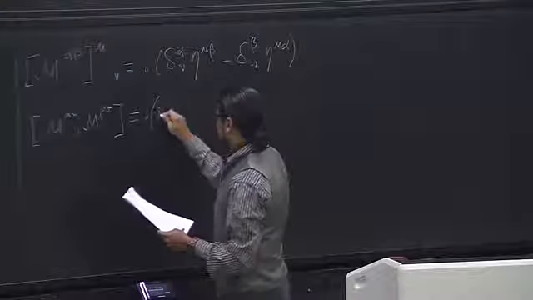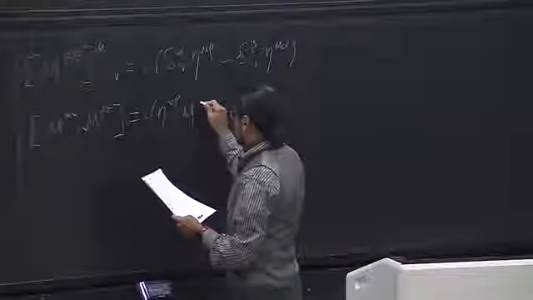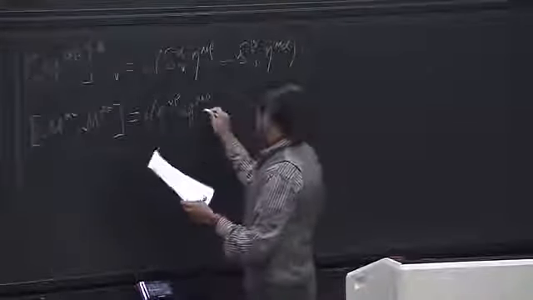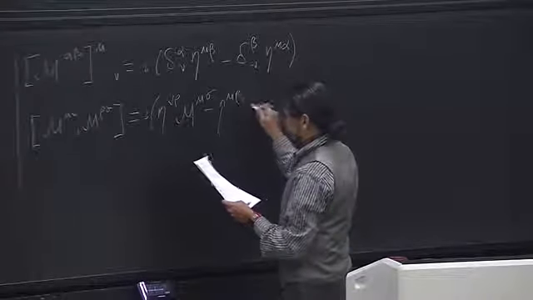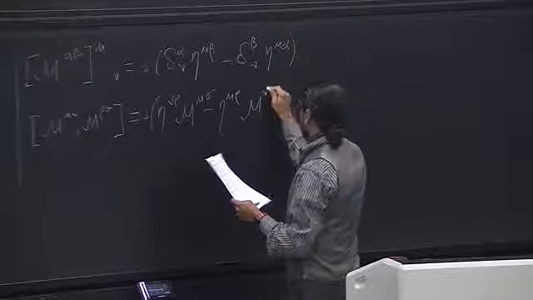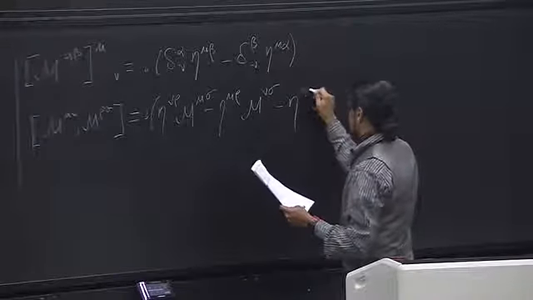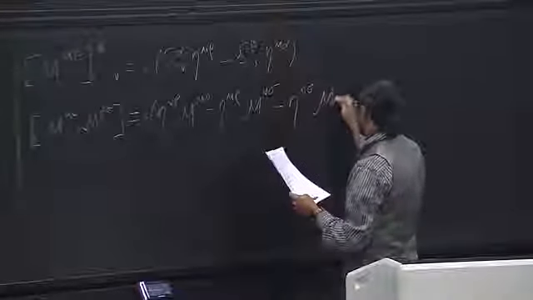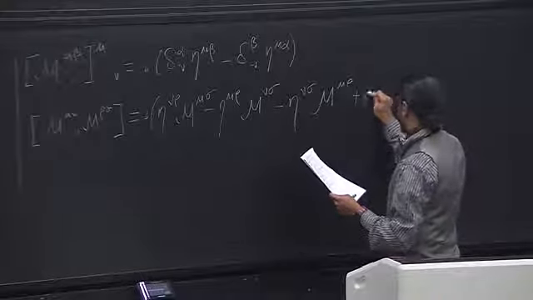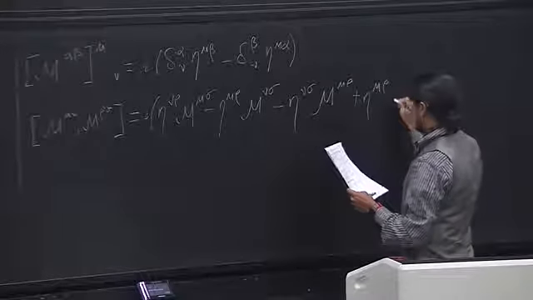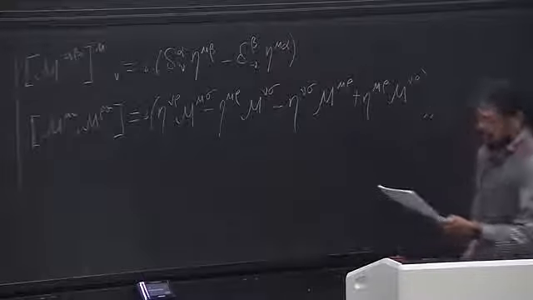Bear with me, this is one of those things that I don't enjoy writing out, but it needs to be written out for the sake of completeness, not only once, but twice, actually. And every year I make some mistake in writing this out. So this is the Lorentz algebra.